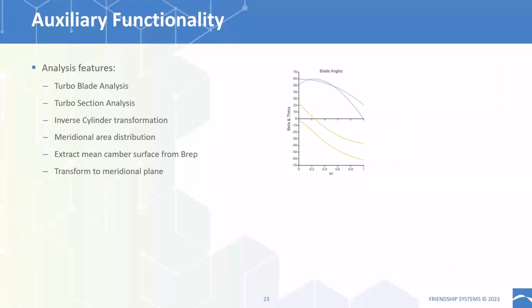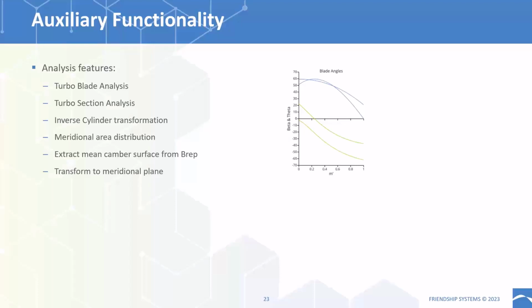Then there is also a set of analysis features that you can use to analyze given geometries. For example, we have the turbo blade analysis as well as the section analysis, which will give you the blade angle beta and wrap angle theta distributions in meridional coordinates for either an individual blade section or for the complete blade.